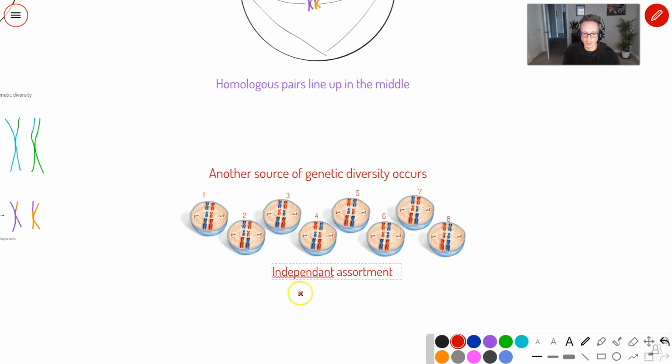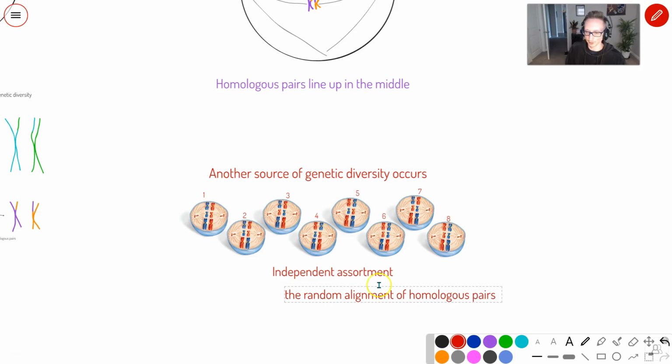Independent assortment is the random orientation, or alignment, of homologous pairs. I think alignment makes more sense.